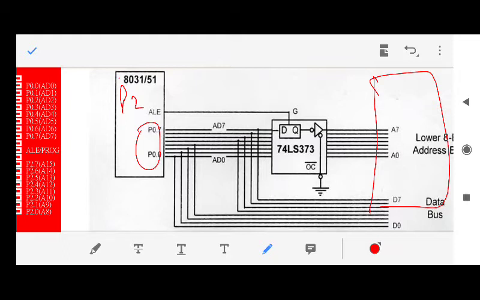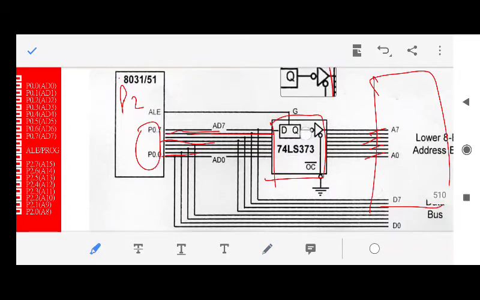They can contain either data or address. So instead of directly connecting these lines to the address lines of the memory, because data can also be fetched from here, you connect it to a latch. Latch means temporarily storing data for some time. Please don't go deep into this. What is the 74LS373 and what is the circuit?